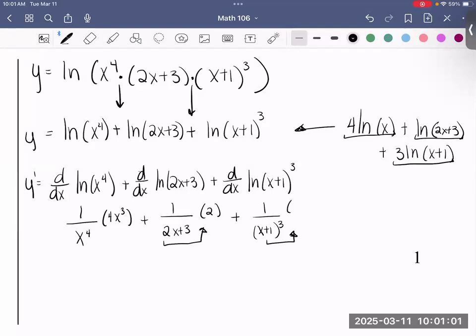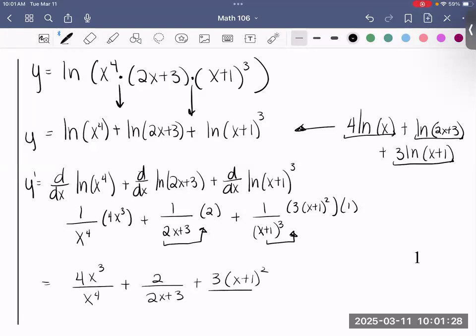Chain rule, we now have 3 times x plus 1 squared times just 1 itself. And that 1 is just the derivative of that 1. So all together, we have 4x cubed over x to the 4th plus 2 over 2x plus 3 plus 3 times x plus 1 squared over x plus 1 cubed.